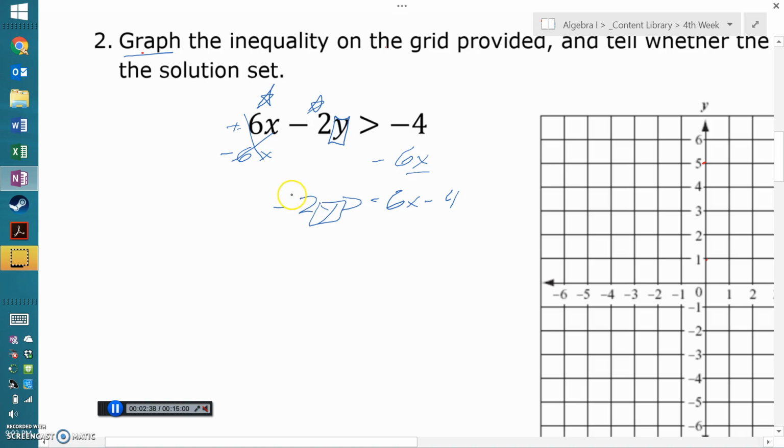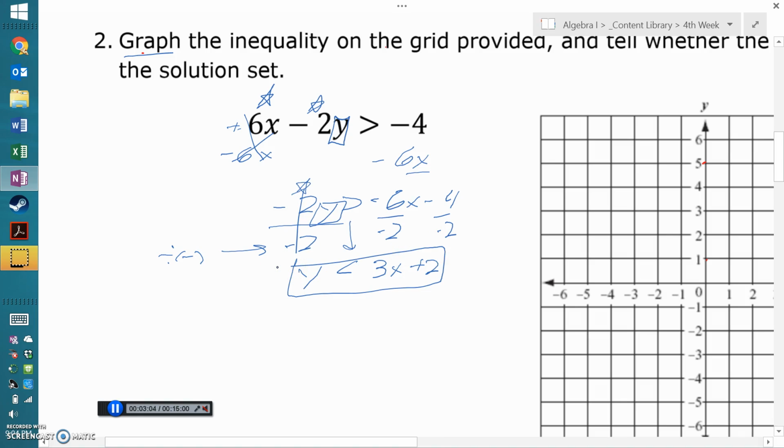So that's what I end up with. Still solving for y. Still got to get rid of this -2. Now I'll move on to my division. Now, because I've changed signs, because here I'm dividing with a negative sign, I'm also going to have to change my inequality sign. That's just a rule of inequalities. You divide by a negative, you change the inequality sign.